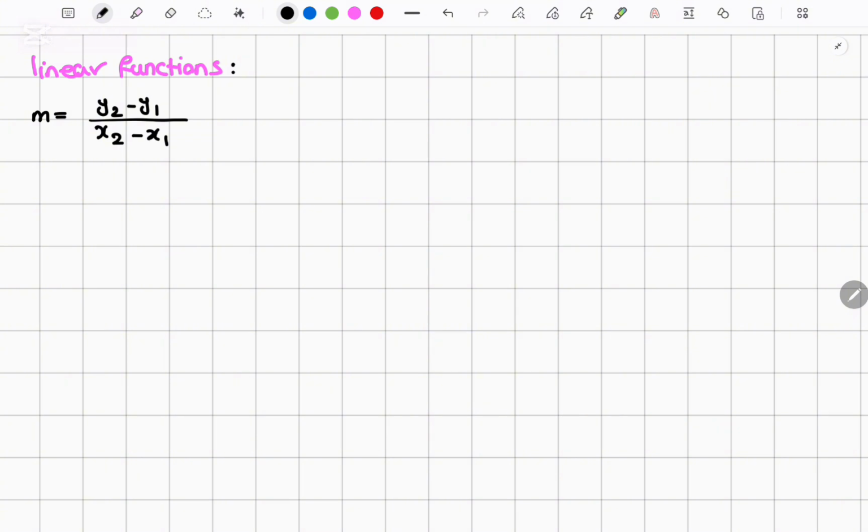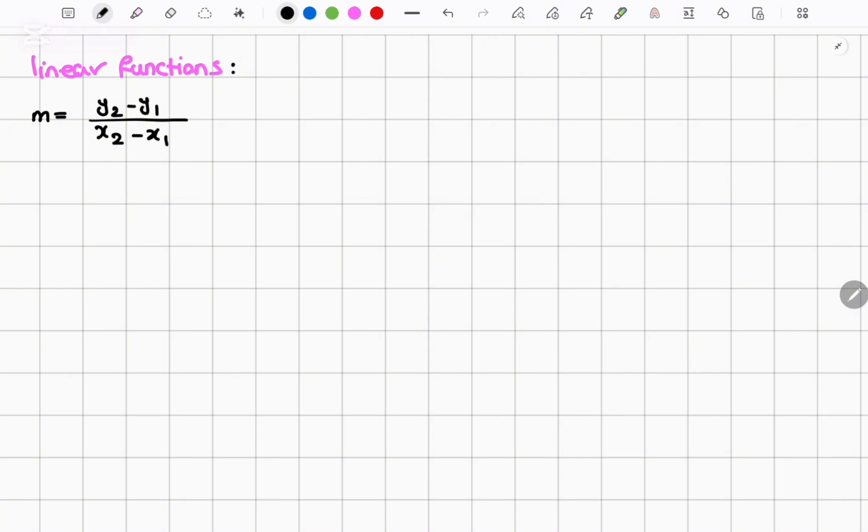By rise, I mean going on the y-axis, and by run, we mean going on the x-axis. So if you have two random points of the graph, you can use this formula to write the slope. I'm going to have examples for all of these. At first, I'm going to introduce you to the formulas, and then I'm going to have examples so that you would understand the lesson really, really well.